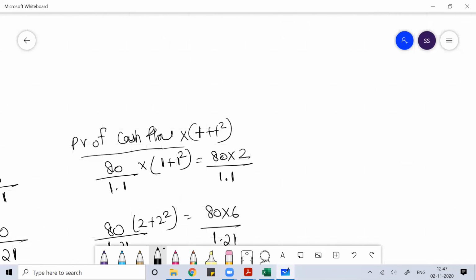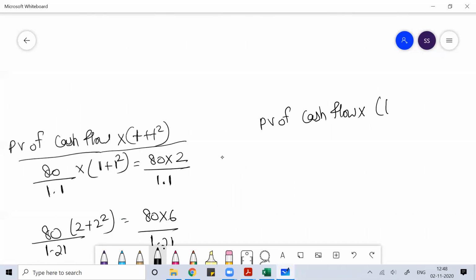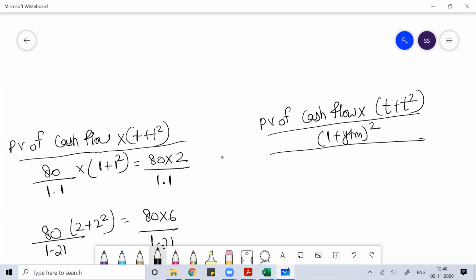Now you got this. Now for the present value of cash flow into t plus t squared, you want to divide by 1 plus YTM squared for all.